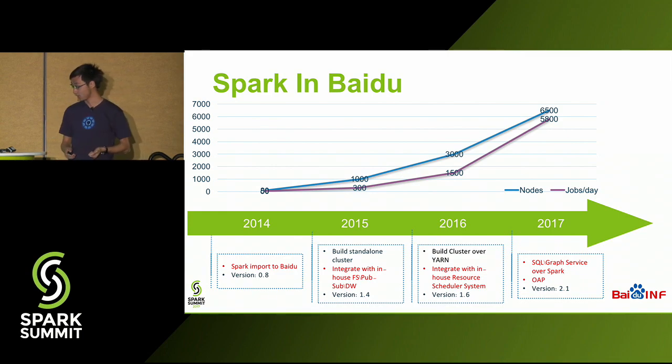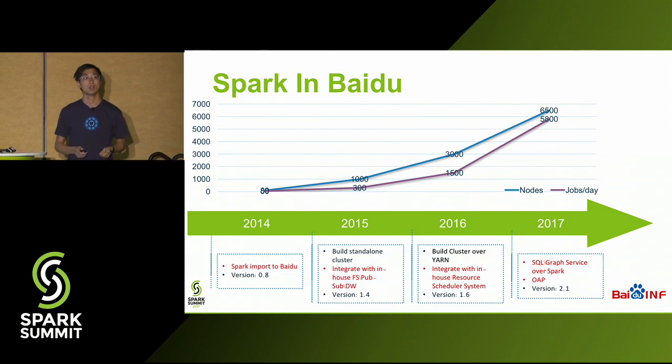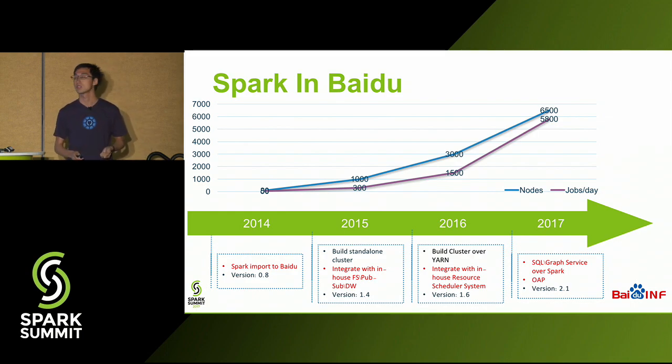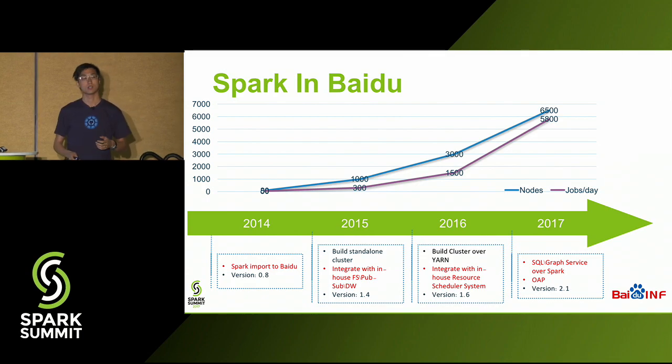And in the year 2016, we integrated with our own resource management and isolation systems and built our cluster over YARN. And this year, we have a platform of 6,800 nodes and about 5,800 jobs per day. Also, this year, we dived into Spark performance tuning, and we cooperated with Intel on OAP.